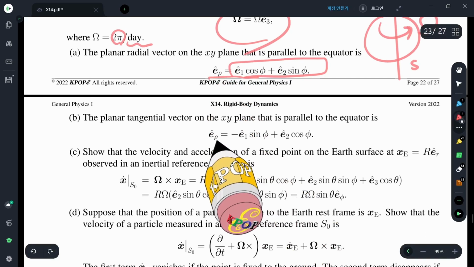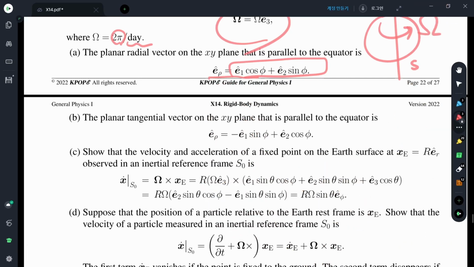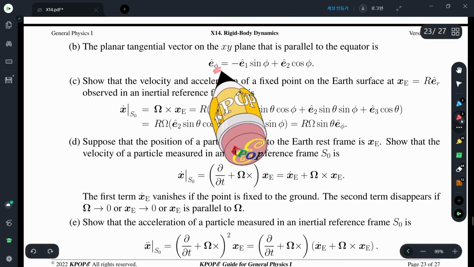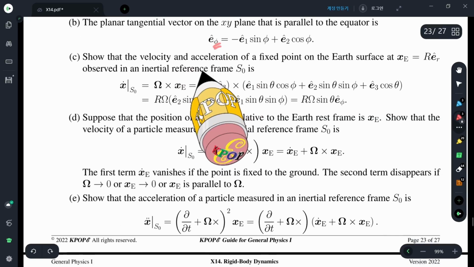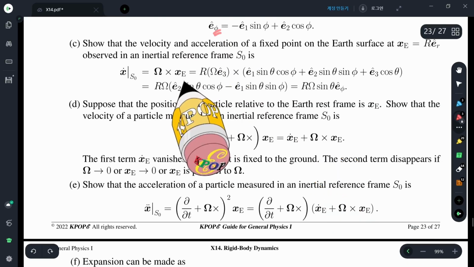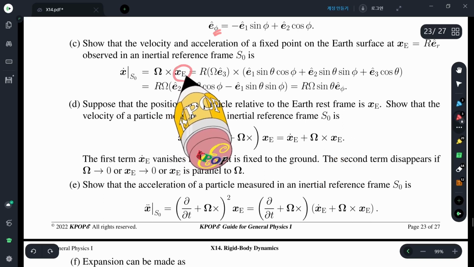The tangential vector should be phi instead of rho, so I have corrected this. And remember, a fixed point, the subscript E, means a fixed point on the Earth.